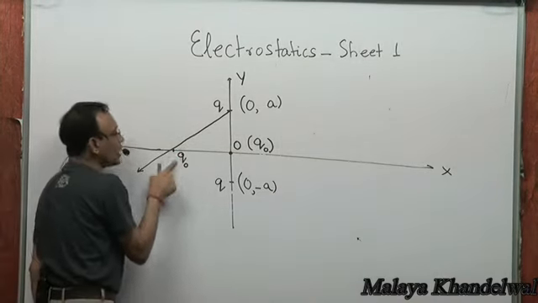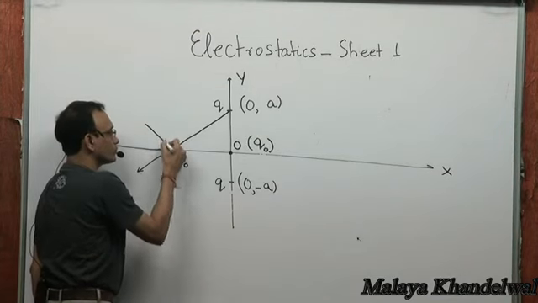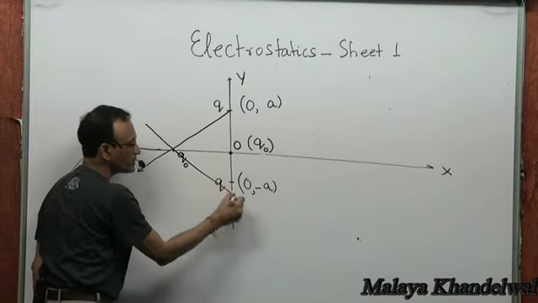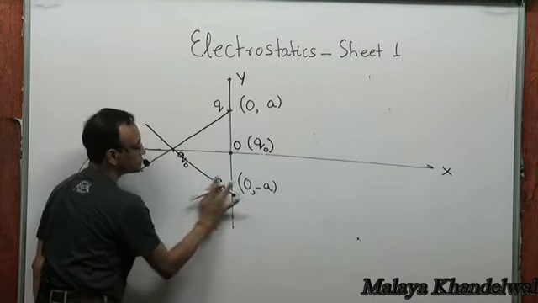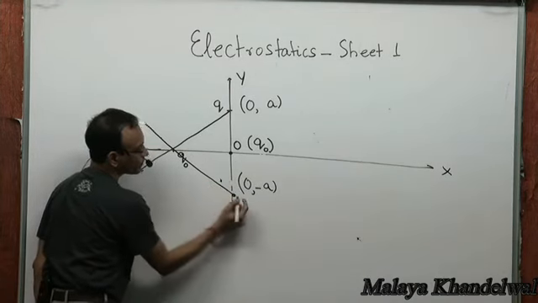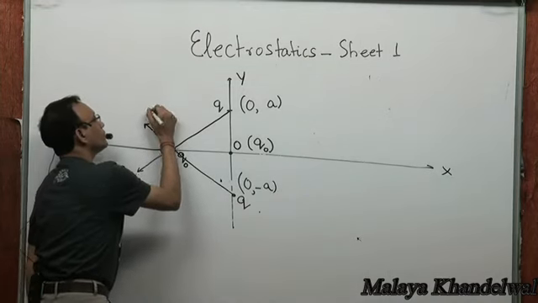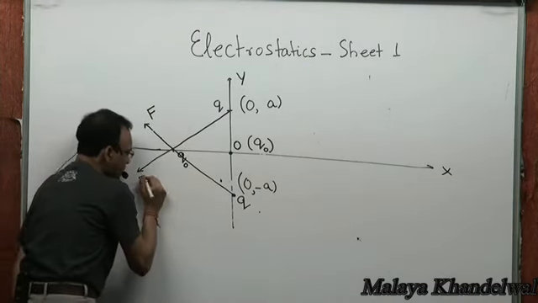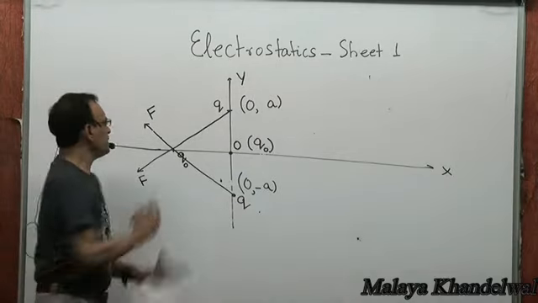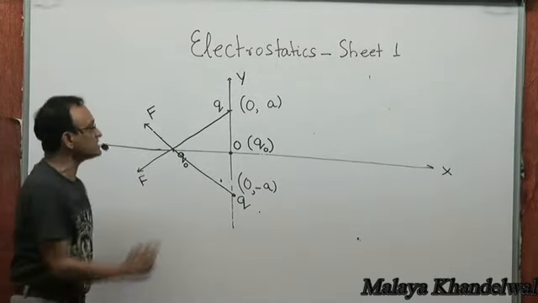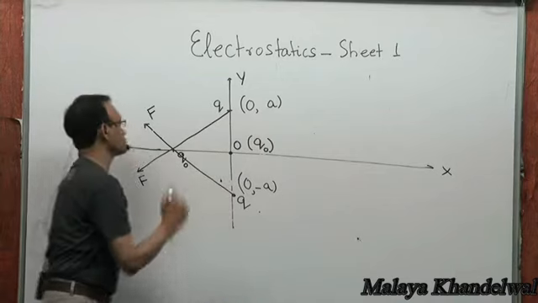And between this q and q naught, there is going to be another electrostatic repulsion. There would be forces F and F equally inclined with the x-axis from this charge and this charge.